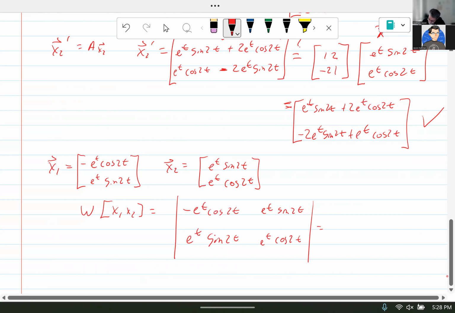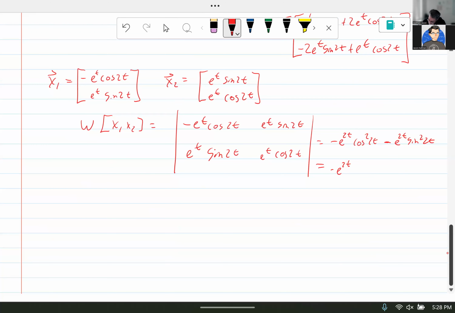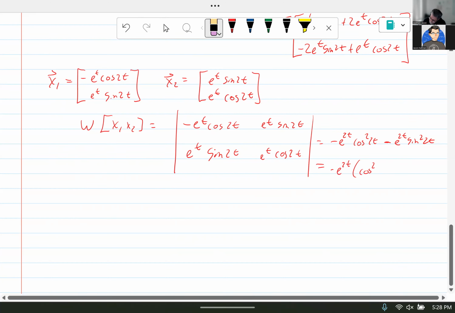This is going to be equal to negative e to the 2t cosine squared 2t minus e to the 2t sine squared 2t. So that's going to be equal to negative e to the 2t times cosine squared 2t plus sine squared 2t.